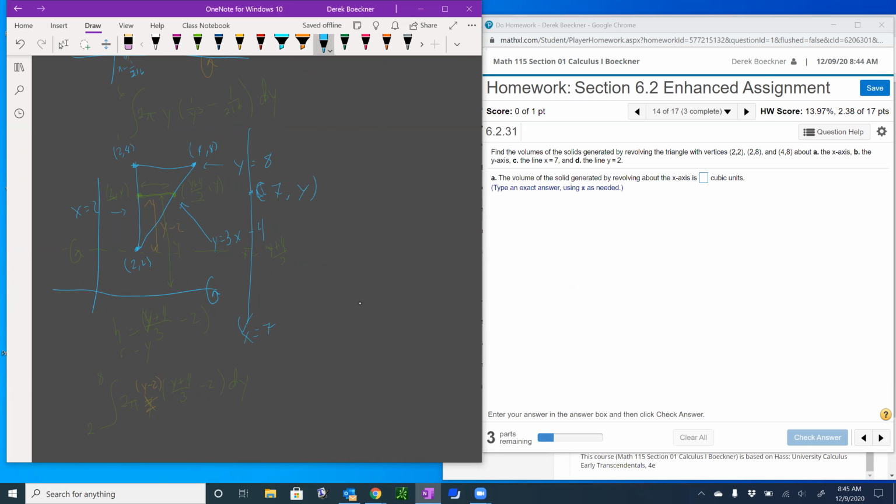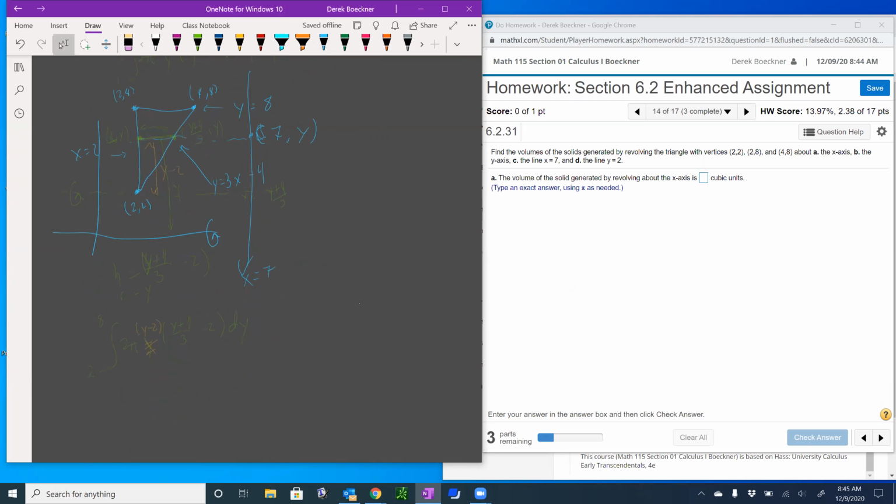If I rotate around x equals 7, this strip rotates about the point 7 comma y. I'm still going to have an integral from 2 to 8, but I've got disks this time with holes in the middle, washers actually. So pi, take the outer radius.